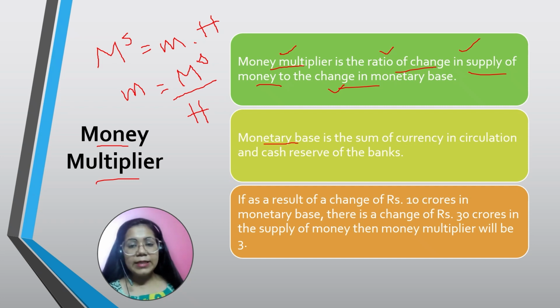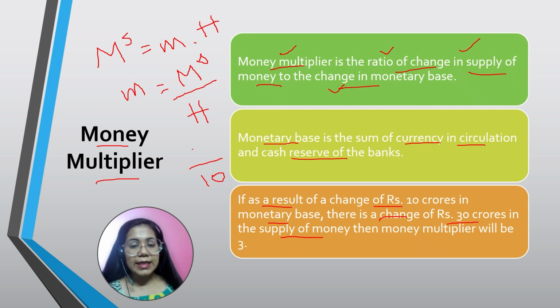Monetary base is the sum of the currency in circulation and the cash reserves of the banks. Suppose there is a change of rupees 10 crore in the monetary base, so the denominator H is 10. And there is a change of rupees 30 crore in the supply of money.